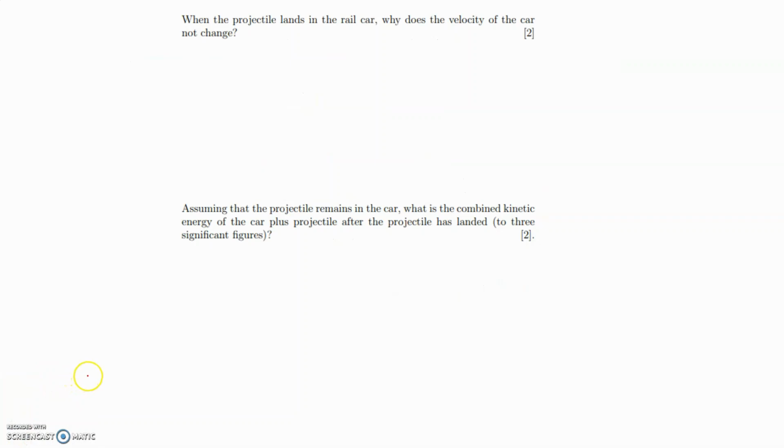Okay, so moving on to the last two parts of the question. When the projectile lands in the rail car, why does the velocity of the car not change? Okay, so how do we solve this one then? Well, we need to use the conservation of momentum. So we need to look at the momentum in the horizontal direction.